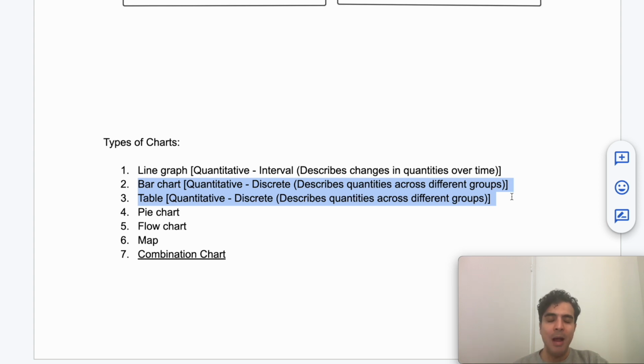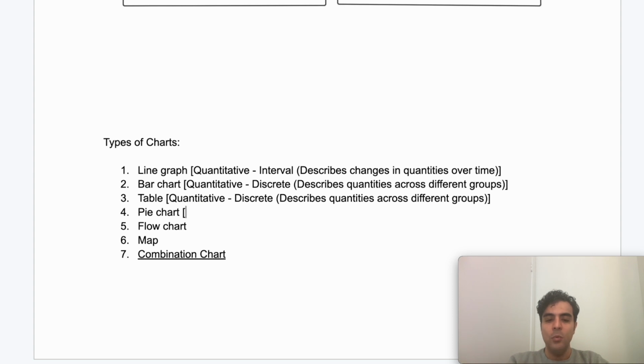Don't be fooled by surface level variations. Pay attention to what the data is showing, okay? So most of the time it'll be discrete, but be on the lookout. For example, a table could have the years shown in its columns from, let's say, 2021 to 2024, right? So as you can see, we can trace the changes over time, even though it's a table. But these cases are quite rare.